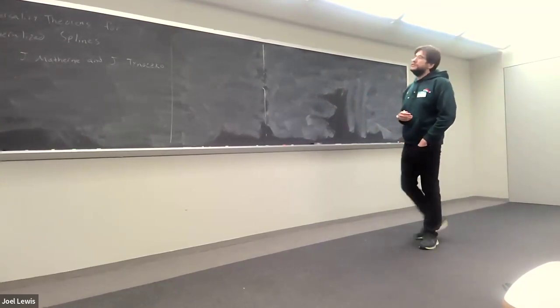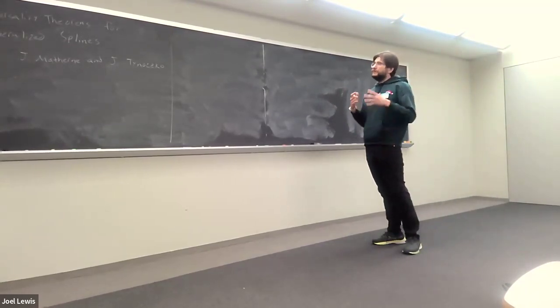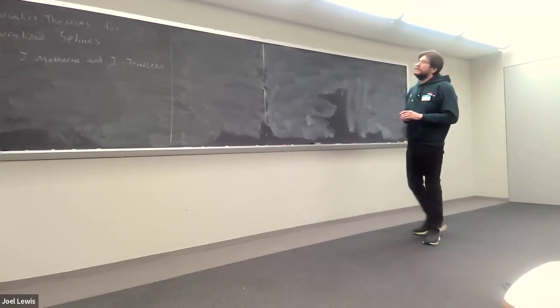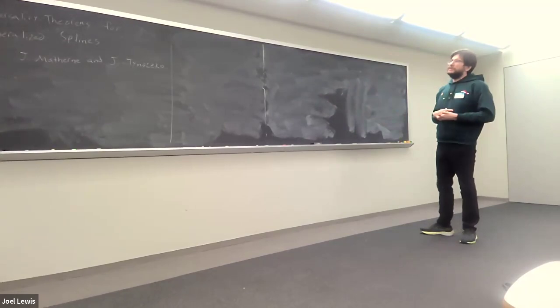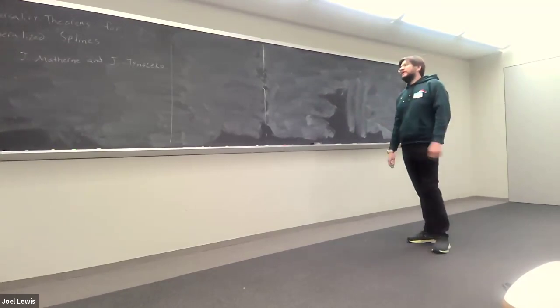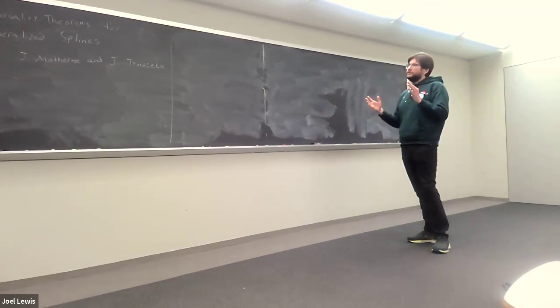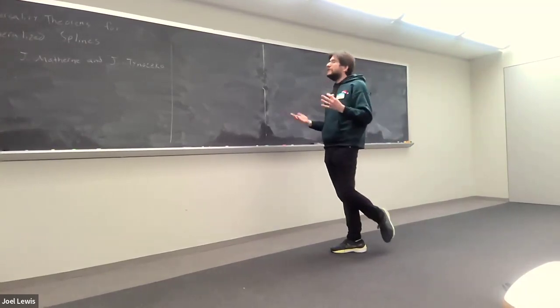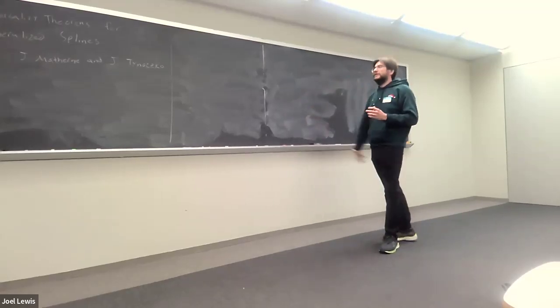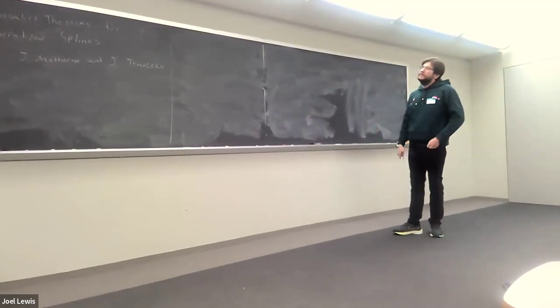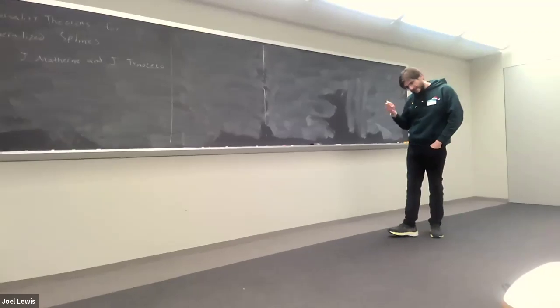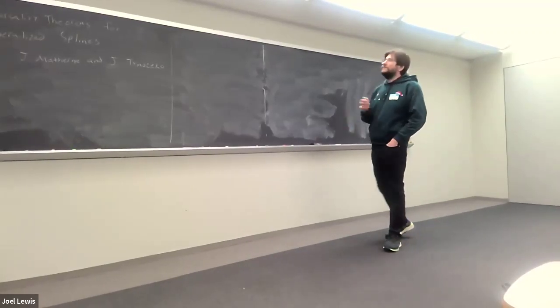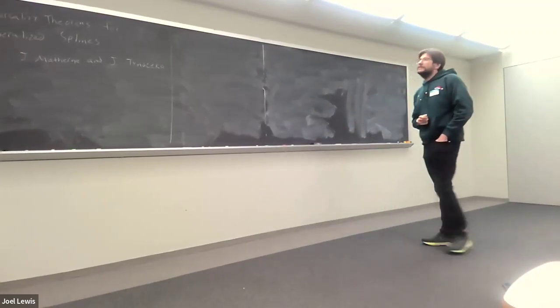So those two were the first to treat the theory from the perspective of more algebraic, homological algebra. And what they realized was that the theory of splines was equivalent to a certain labeling on the dual graph of the polyhedral complex you were working on. Now, of course, not every graph is the dual graph of a polyhedral complex.